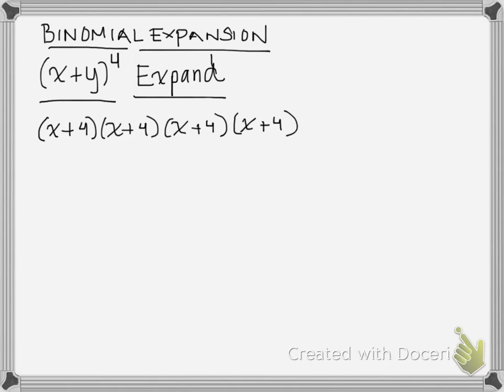What we have to deal with this is something called the binomial theorem. So in this lesson we're looking at the binomial theorem, which is a method for expanding binomials.